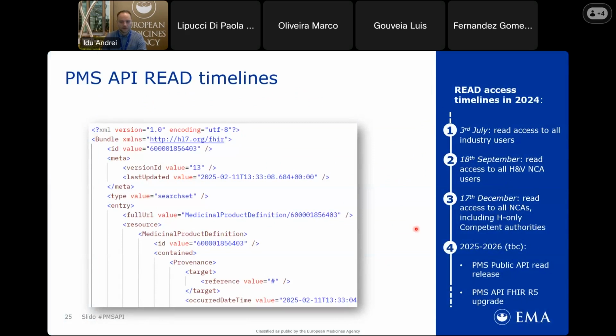In the following quarters and years, we aim to release the public API version and also move the read capability to the FHIR R5 major version, so that we are aligned and using a final version of the FHIR specification. Here you can see a snapshot. We'll see snapshots and I'll show you elements from the PMS API in the following slides as well.